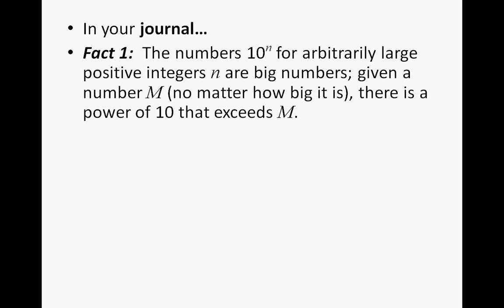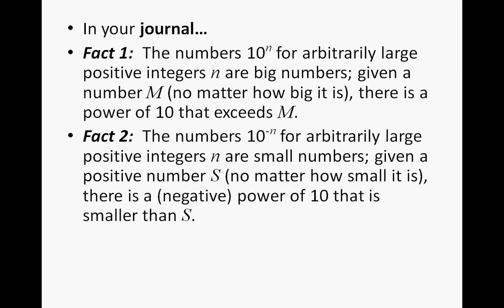Given a number capital M, no matter how big it is, there is a power of 10 that will exceed that number that we're going to represent by capital M. The other fact is the numbers 10 to the negative nth power for arbitrarily large positive integers n are small numbers. Given a positive number, capital S, no matter how small it is, there is a negative power of 10 that is smaller than S. Okay, so again, closer to 0.